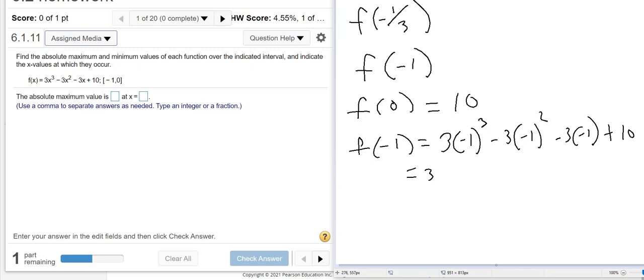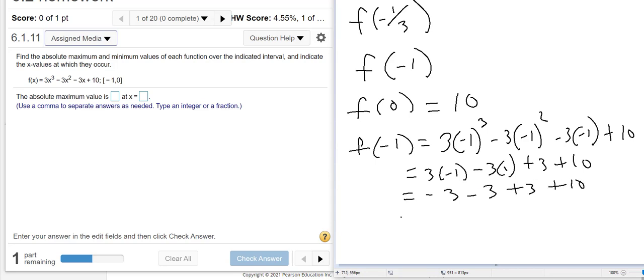So that gives me 3 times negative 1 minus 3 times 1 plus 3 plus 10. That's negative 3 minus 3 plus 3 plus 10. Negative 6 plus 3 plus 10 is 7. So f of negative 1 is 7.